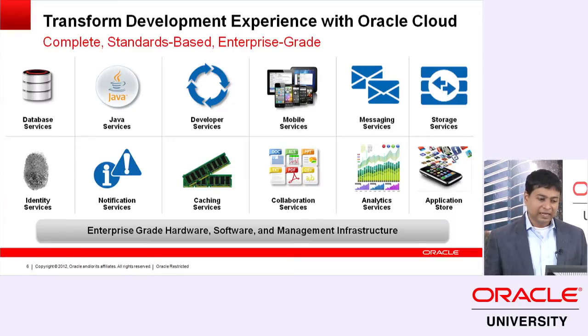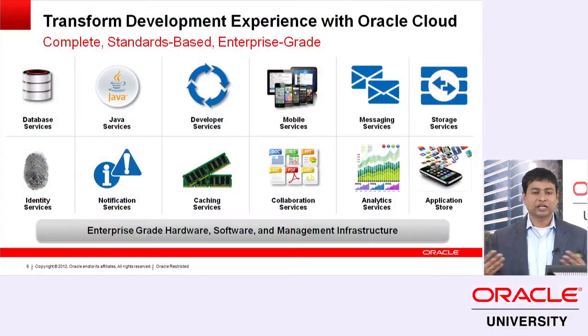Mobile services for mobile development, and we plan to have identity or security services for identity management. Notification service is available today to notify you, as the users or administrators of these various cloud services, but eventually you will be able to use it from within your application to send notifications to various channels: emails, push notifications to phones, SMS, etc. Caching service is an in-memory cache that complements the Java Cloud Service to provide you a distributed caching environment if your application needs that.